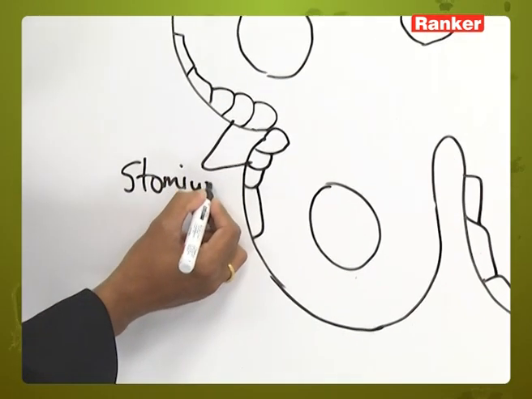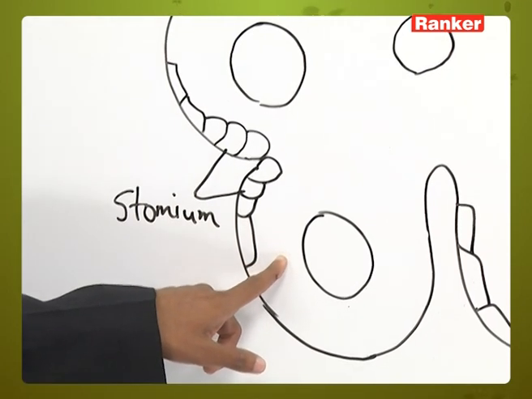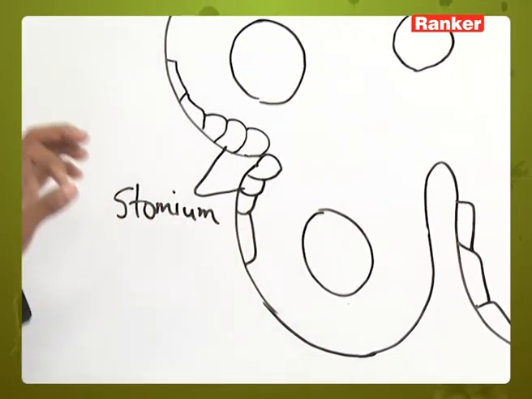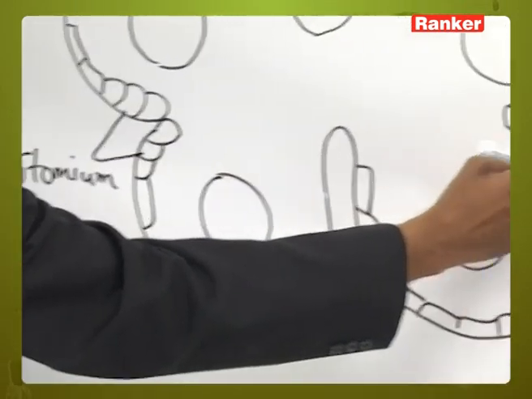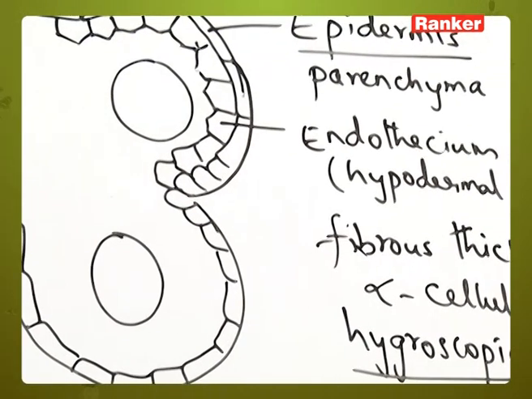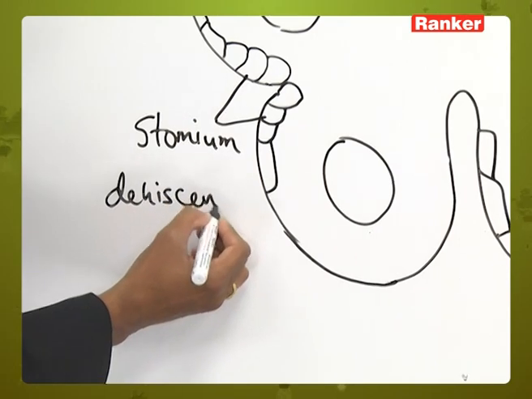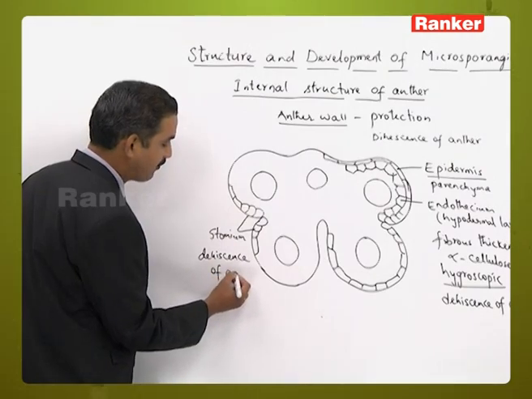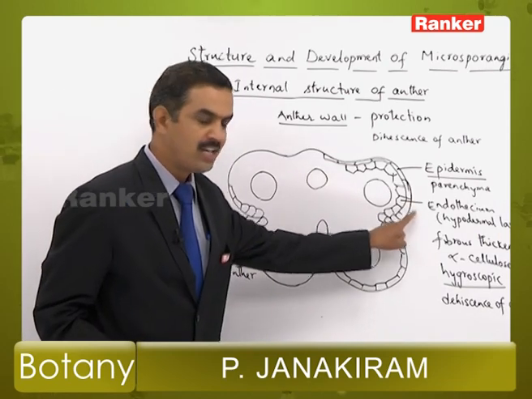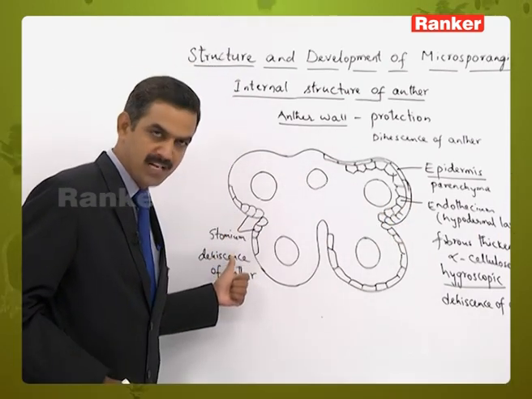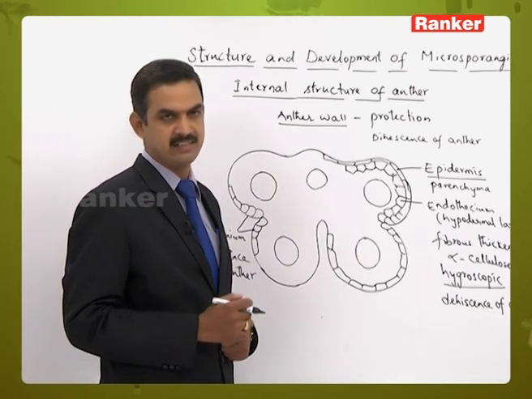These are the part of epidermis which are present between the two pollen sacs or between the microsporangia of one anther lobe. The same can be seen on this side and also on this side between the two pollen sacs. So these are also helping in the dehiscence of anther wall and releasing of pollen grains. So here the endothecium and also the stomium of epidermis, both of them are helping in the dehiscence of anther wall and releasing of pollen grains.